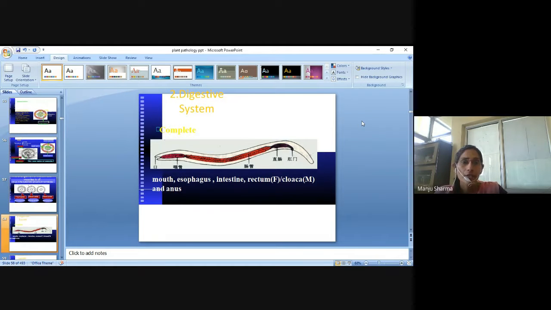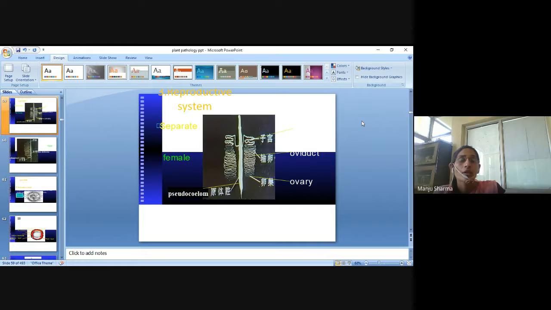Their digestive system basically consists of mouth, esophagus, intestine, rectum, cloaca and anus. Their reproductive systems are separate; the female reproductive system is different from the male reproductive organs.